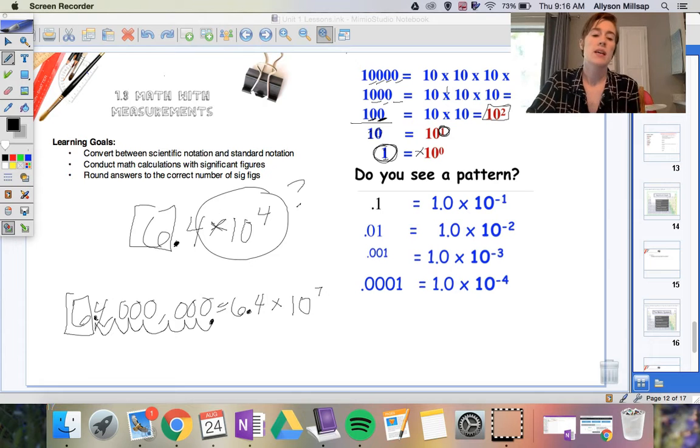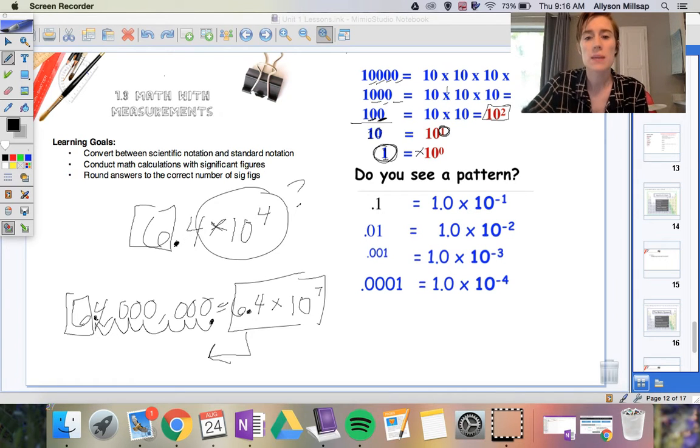Okay, that means this number 6.4, if we are going to convert it back, we're going to have to multiply it by 7 tens. Okay. Same thing can occur when you have a negative. I don't know if you guys have ever been exposed to a number with a negative exponent, but that means that the decimal is going to be moved in a direction that makes the number smaller. Okay, so if I have a number that looks like this, so 5.2 times 10 to the negative third, what does that mean?